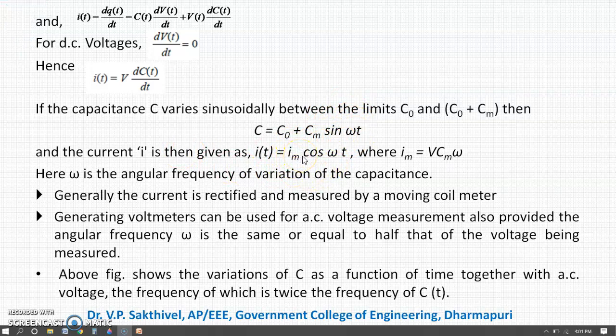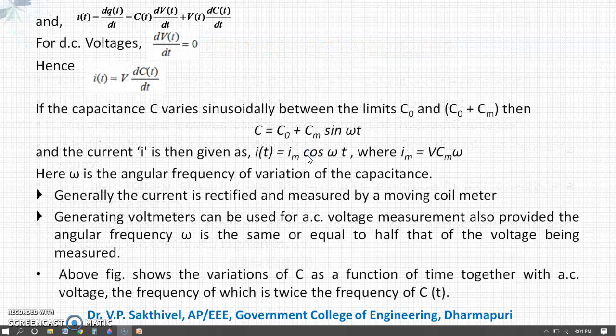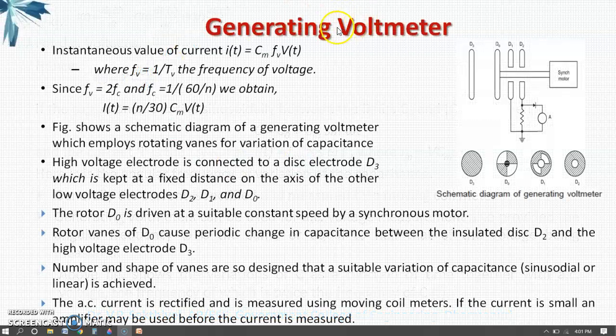The arrangement of the generating voltmeter is shown here. It consists of 4 electrodes, D0, D1, D2 and D3. Here D3 is the high voltage electrode, and D0, D1 and D2 are low voltage electrodes.